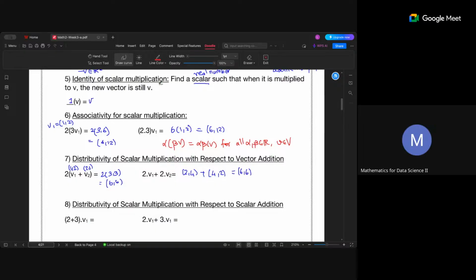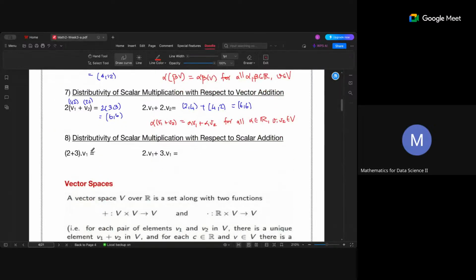So what is the property we have seen here? Alpha times (V1 plus V2) is equal to alpha V1 plus alpha V2, for all alpha in R, V1, V2 in V. And here 2 plus 3 is 5. 5 times V1, what is 5V1?